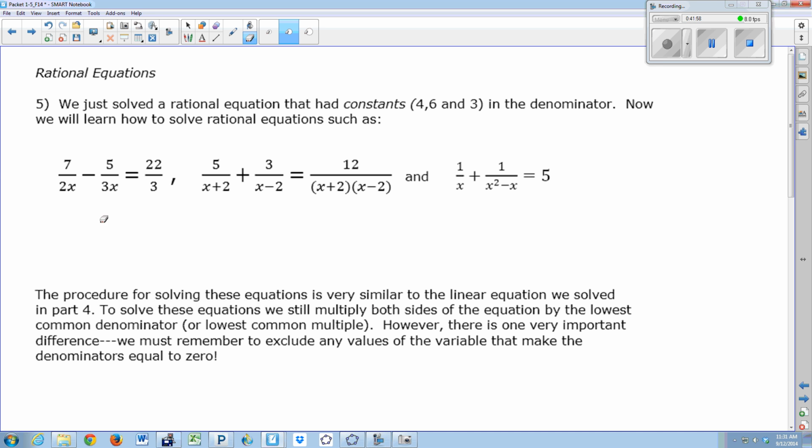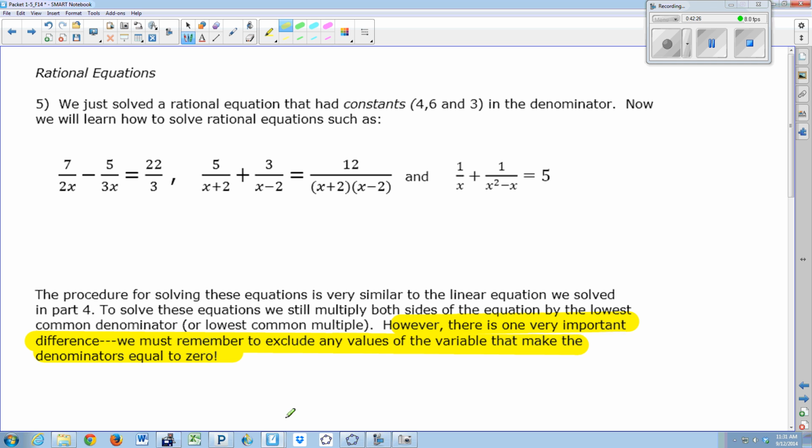The one thing you have to be fully cognizant of is that we can't have a solution to an equation that makes the denominator equal to 0. So before you even start solving, you have to write what values of x are excluded from the solution set.